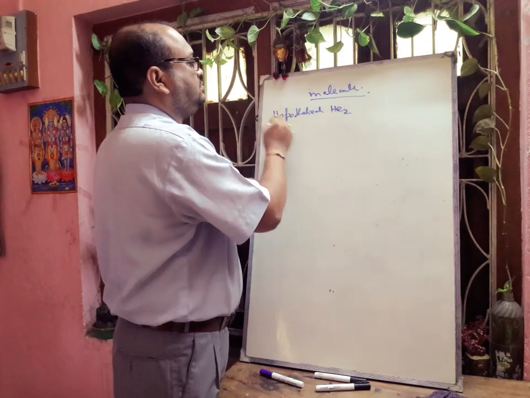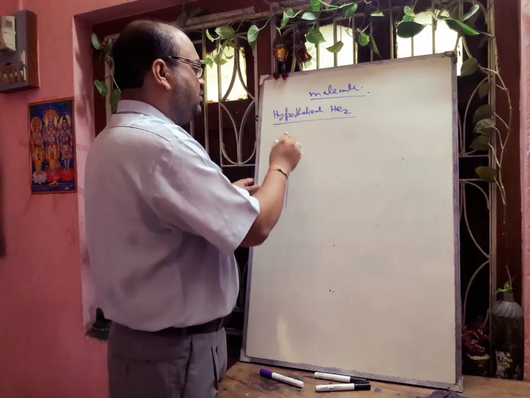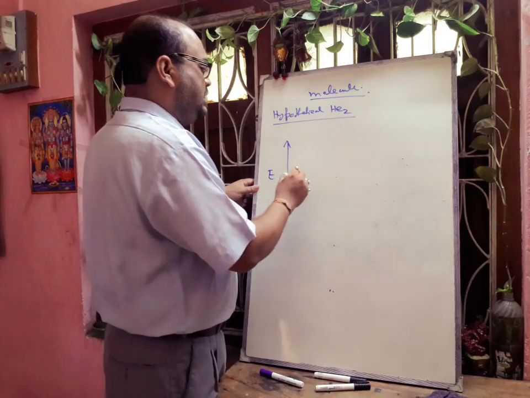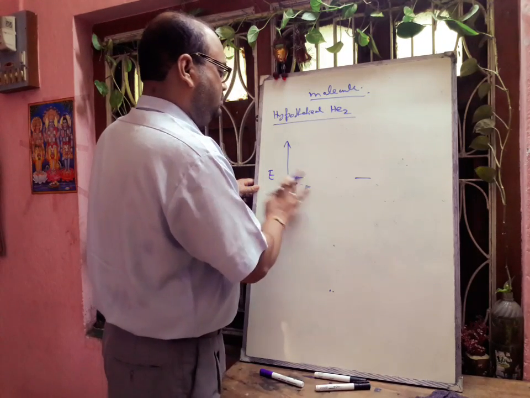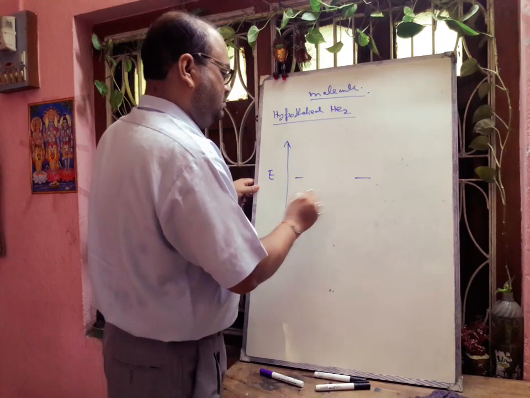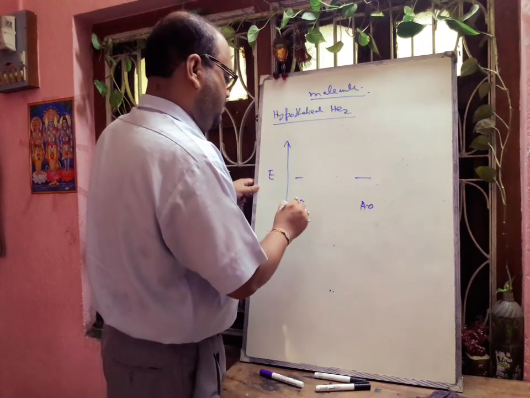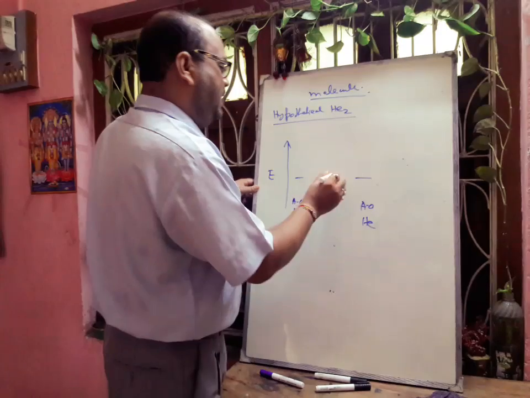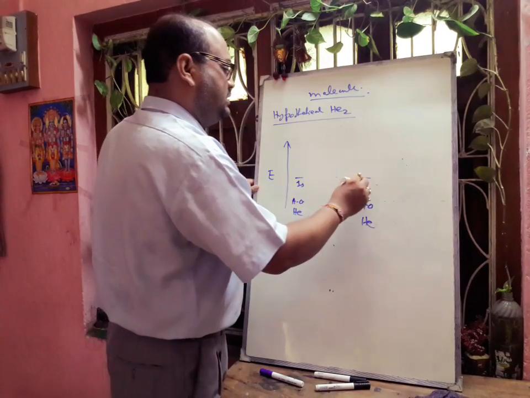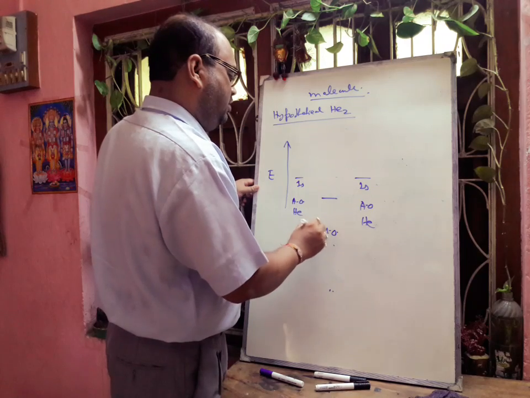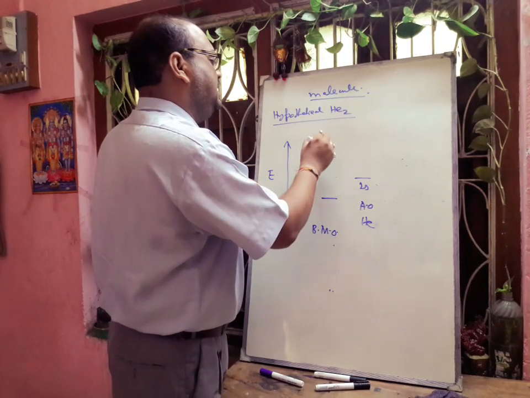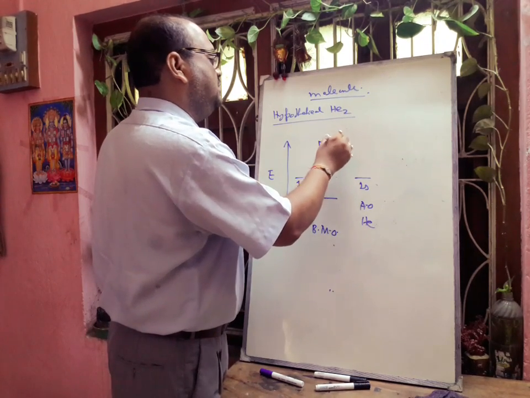So if we draw the MO diagram, this is the energy. These are the atomic orbitals of helium. So these two will combine. This is 1s and this is 1s. So one will be at the lower energy molecular orbital, that is the bonding molecular orbital, and another at the higher energy level, the anti-bonding molecular orbital.